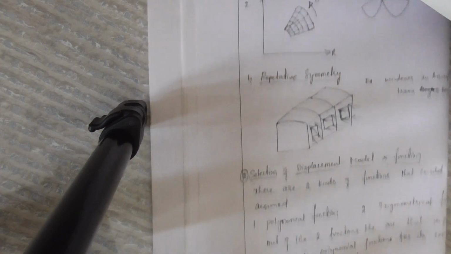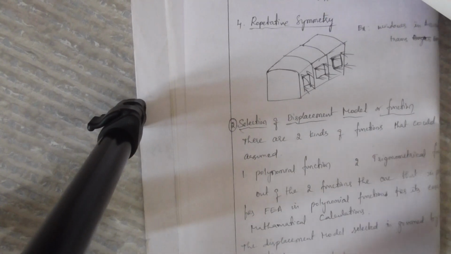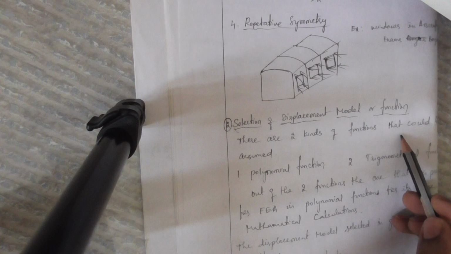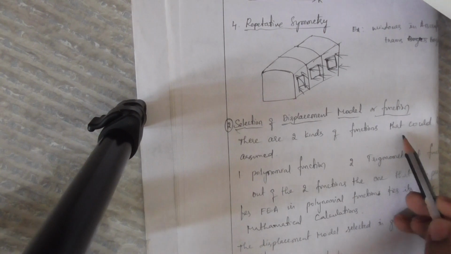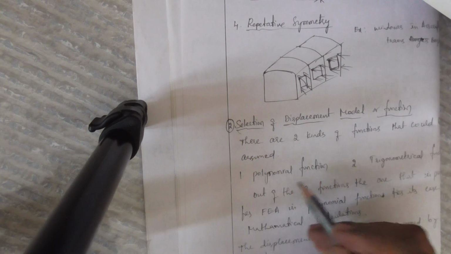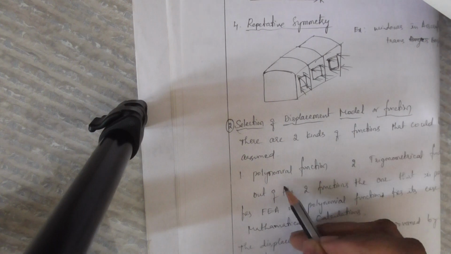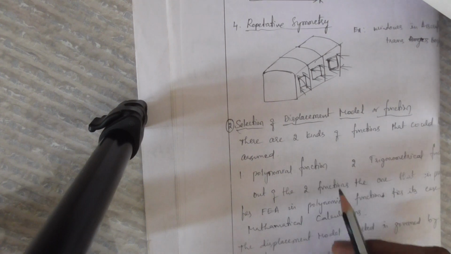Then coming to the second step, which is selection of the displacement model or function. There are two kinds of functions that could be assumed in the finite element method: one is a polynomial function, the other a trigonometrical function. Here let me go with the polynomial function only.